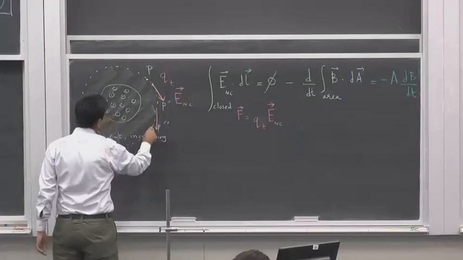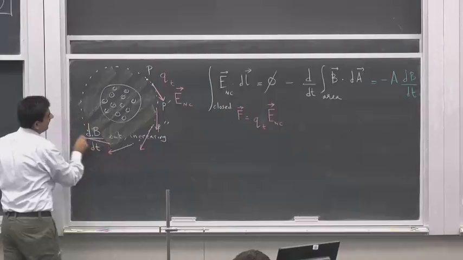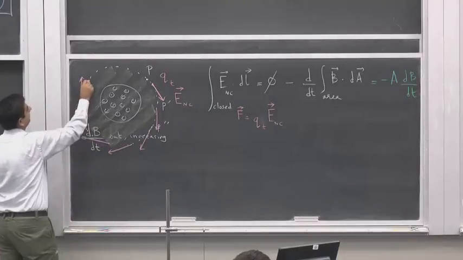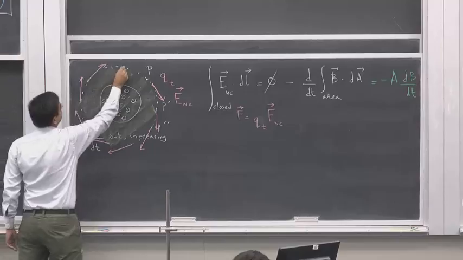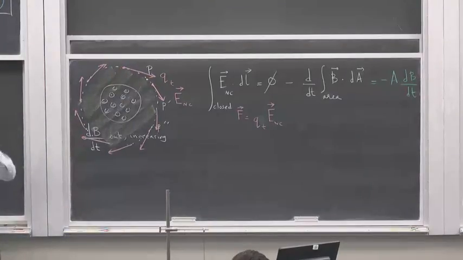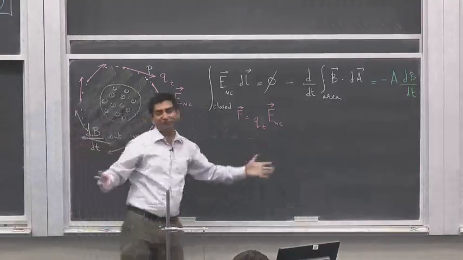It's going to be tangential to the circle. Okay, so this gives us the proper direction of the electric field. And the round trip integral of this non-Coulombic field is not 0.